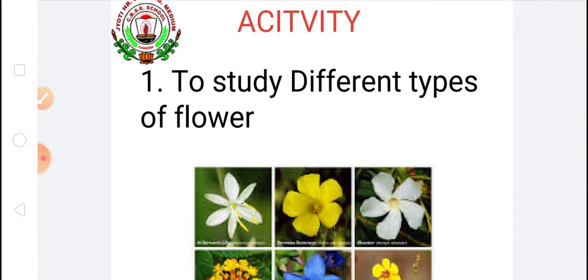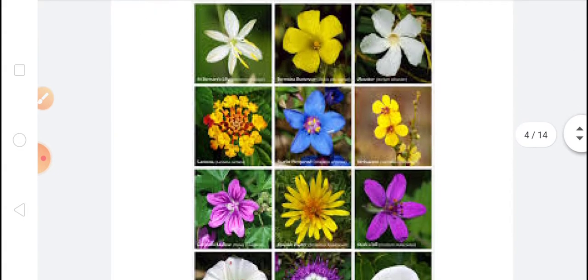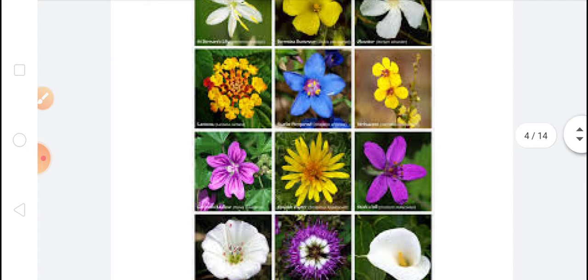To study the different types of flowers, you can do this activity at home. Children, collect different types of flowers and draw a neat and labeled diagram of those flowers, and study the flowers and answer questions like how many sepals does the flower have, how many petals does the flower have.